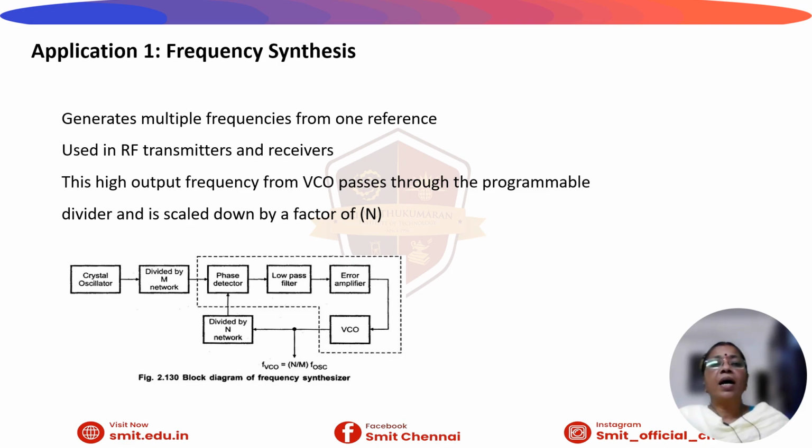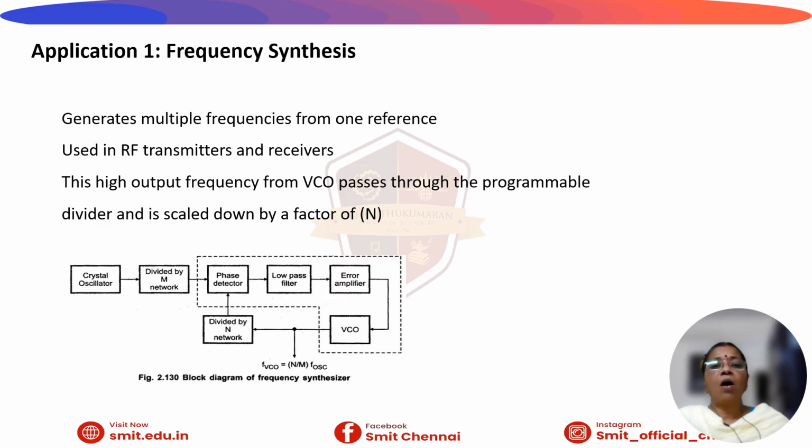The high output frequency from the VCO is passed through the programmable divider and it is scaled down by a factor of n. Hence, it generates the multiple frequencies from the divide by n network, which is given to the phase detector. So, two frequencies are given to the phase detector and it is passed to the low pass filter and error amplifier.